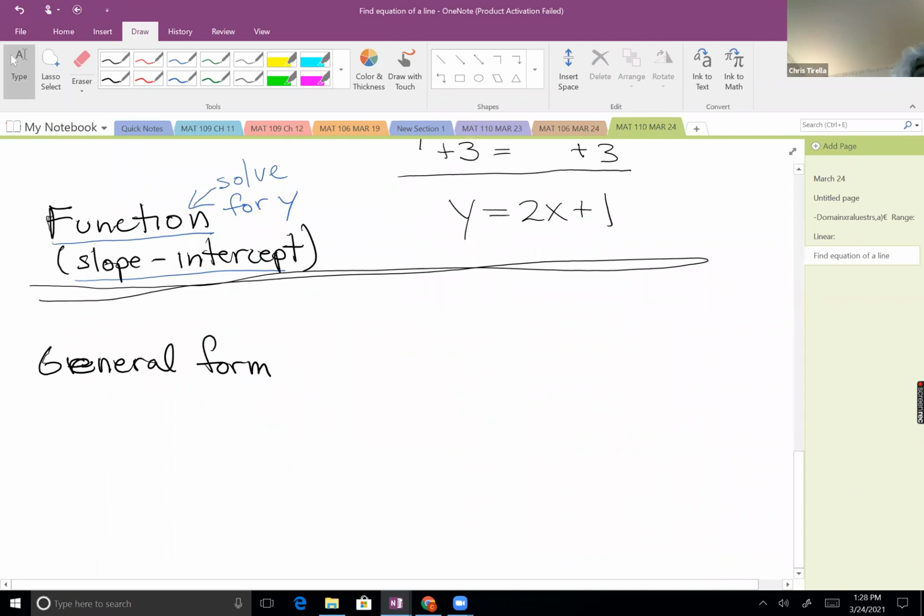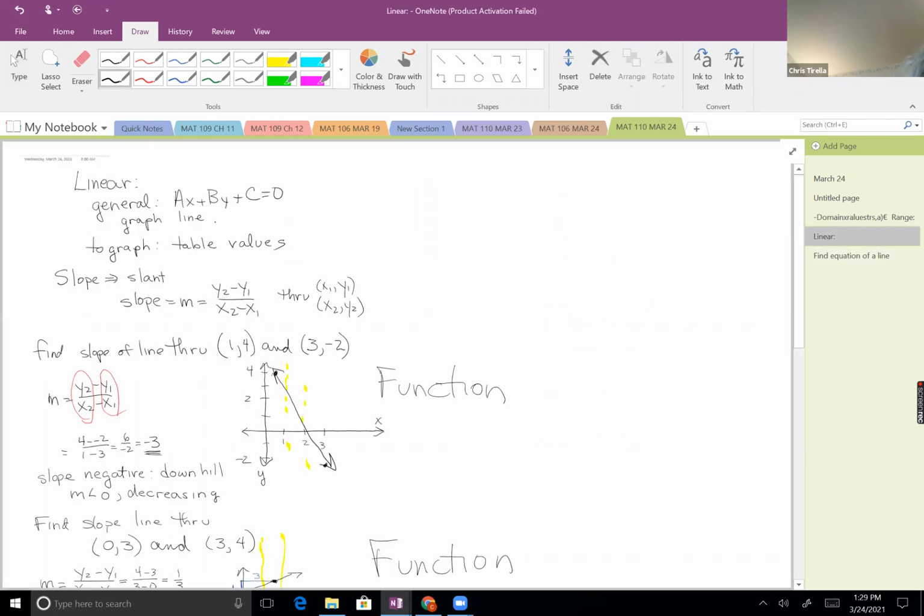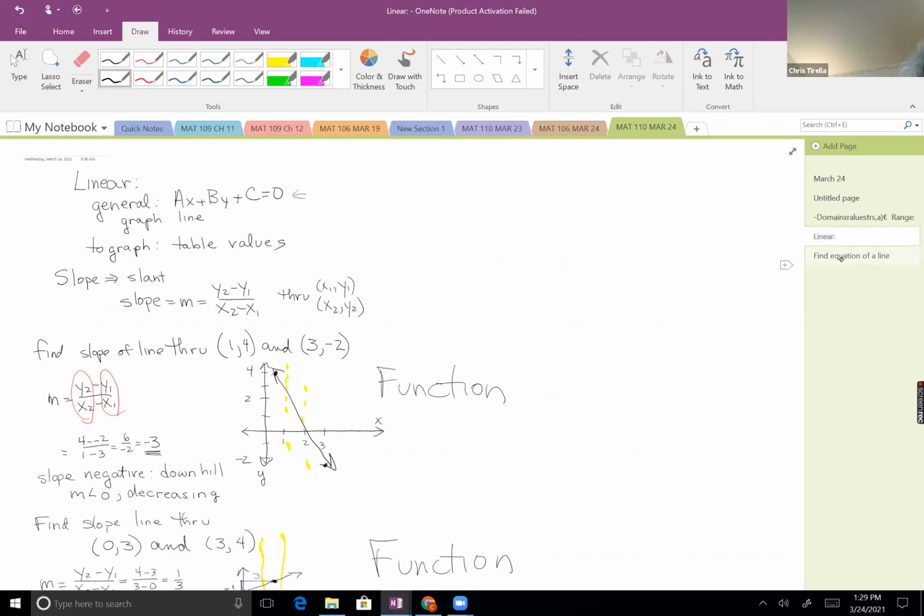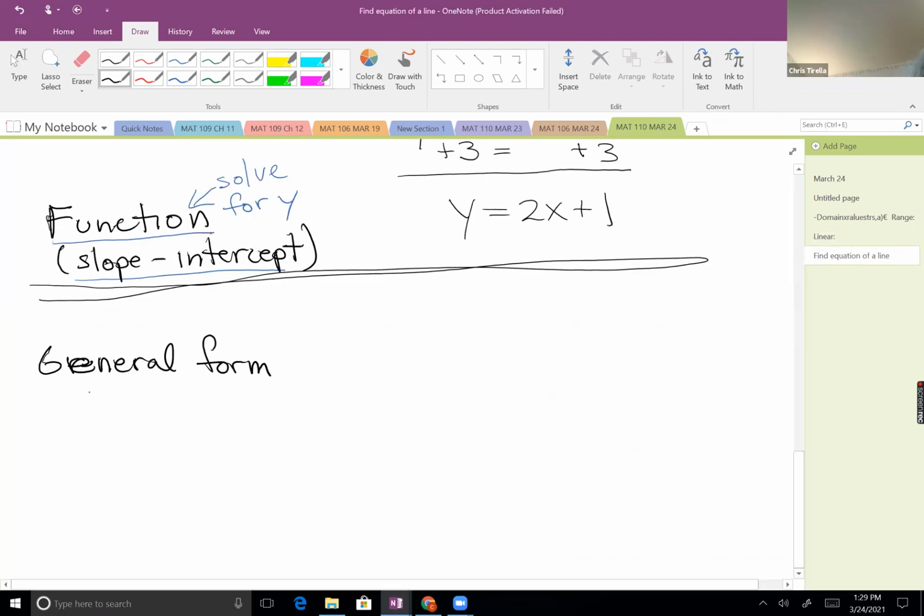And then general form, well, I go back to the top of that last page. We said that in general form, one side is 0. So to put it in general form, we want one side to be 0. And so to make one side 0, I'm going to subtract y from both sides.